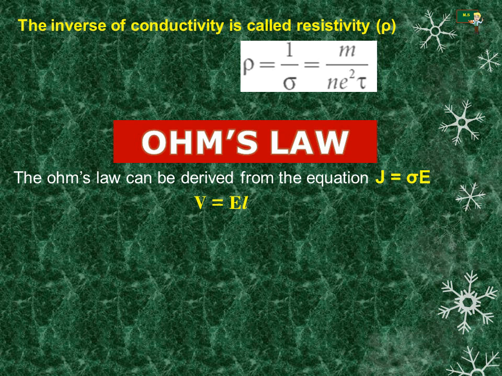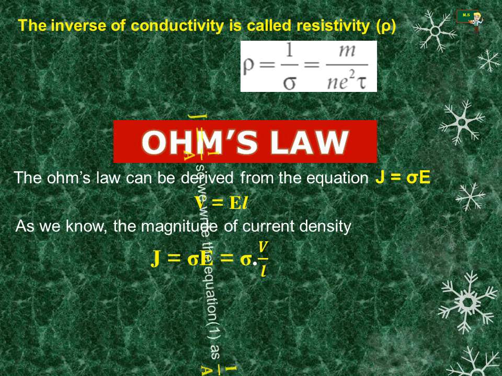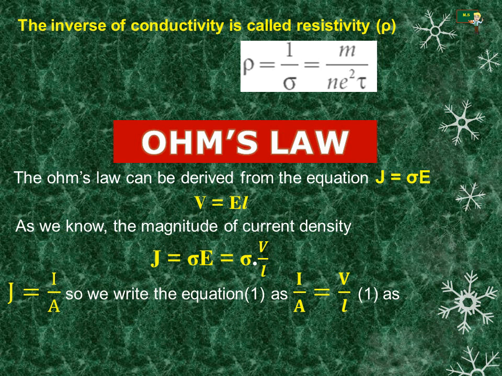It means that the electric field is uniform in the entire length of the wire. Here the length of the wire is L and the potential difference is voltage V. That's why we put V is equal to E into L.